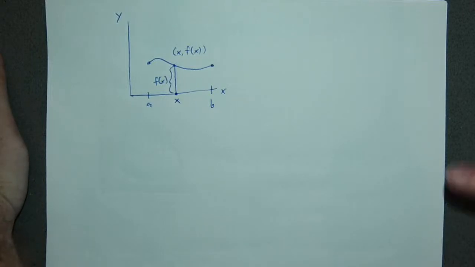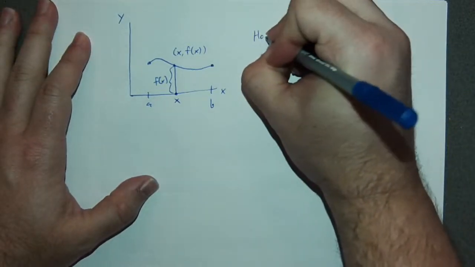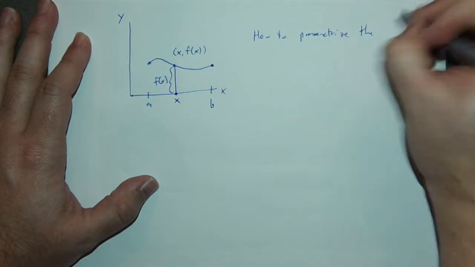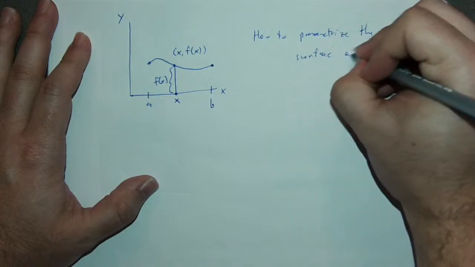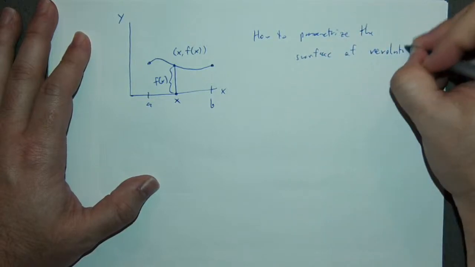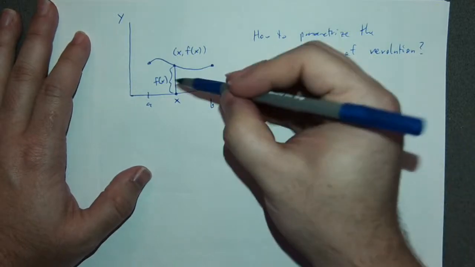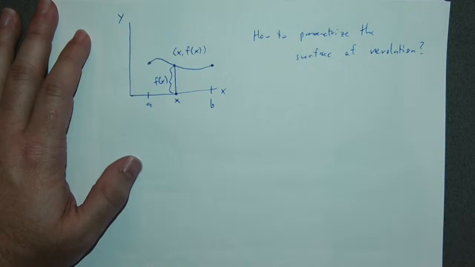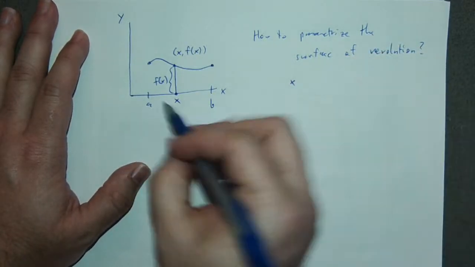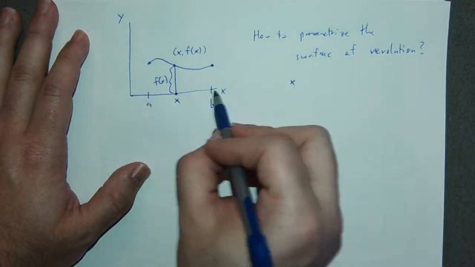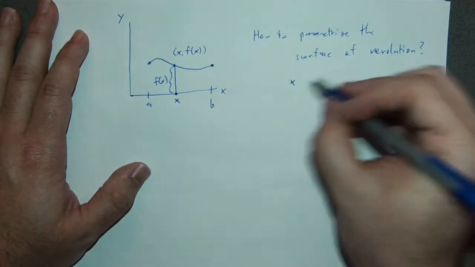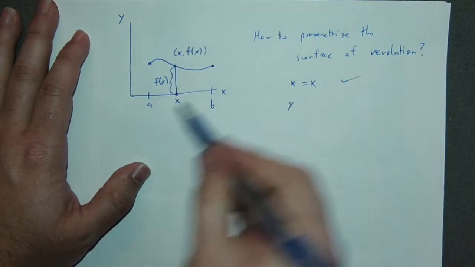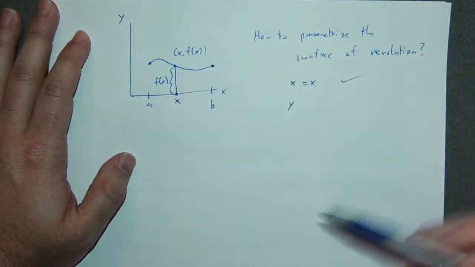And so how do we parameterize the surface of revolution? If this is sweeping out that circle, then in the y and z directions, to describe a point on this surface, x tells me how far along the surface I am between a and b. So x is just x. That's good enough. Y is involved in this circle that's being swept out.